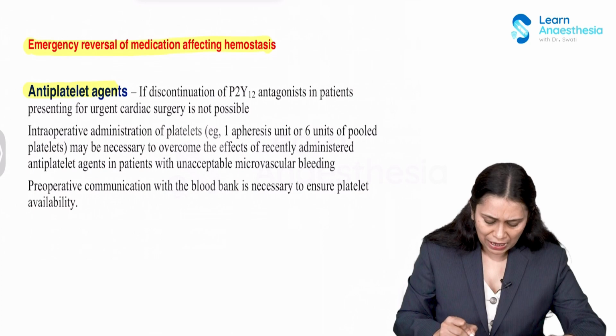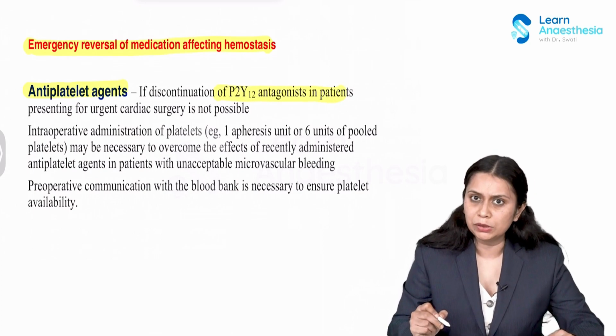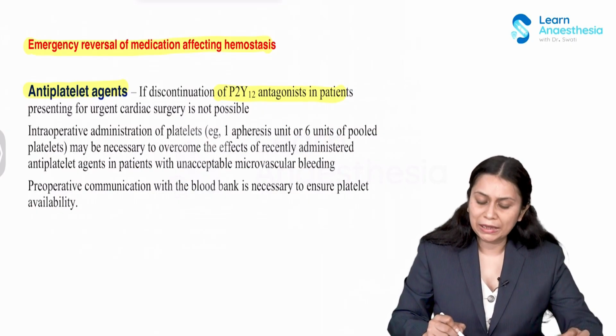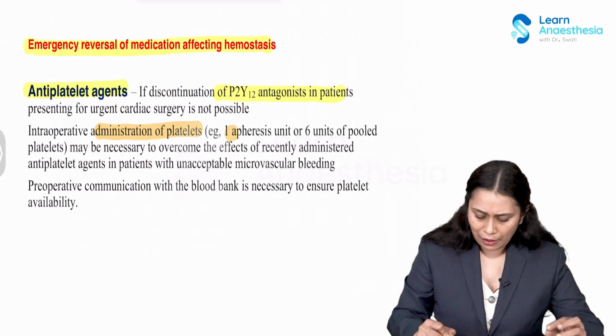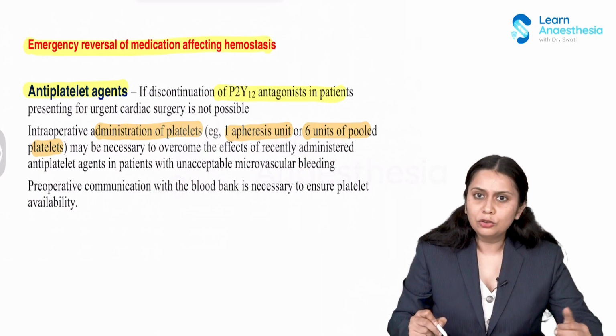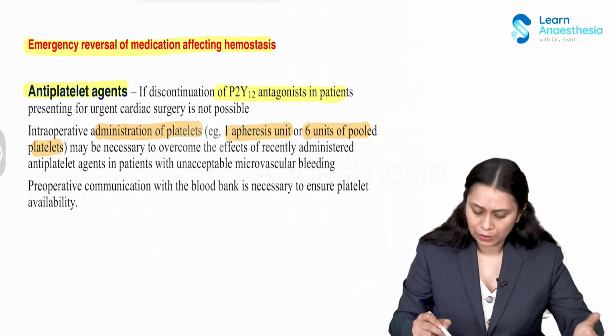So if the patient is on an antiplatelet drug and discontinuation has not been possible, in this patient we can give platelets. We administer either one apheresis unit or 6 units of pooled platelets, right, to overcome the recently administered antiplatelet medication, right?